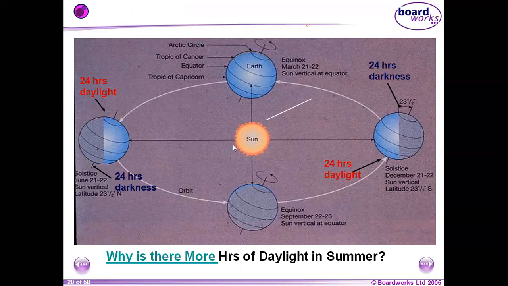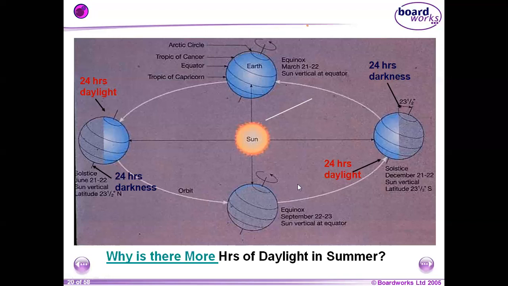Okay. Now also notice that in the North Pole, the opposite will be the case. The reverse will be the case, to experience 24 hours daylight. Okay. That is during summer here in the North Pole. And while in the South Pole, we have regions concentrated here that will have 24 hours darkness.